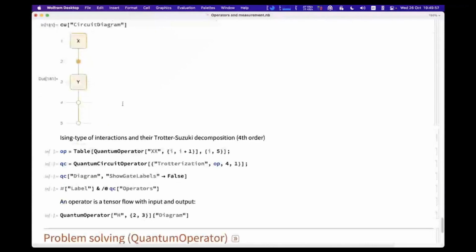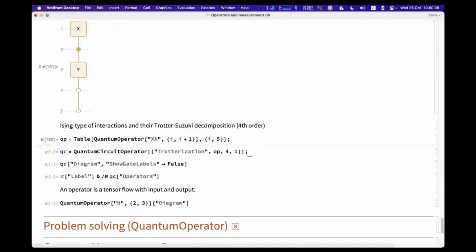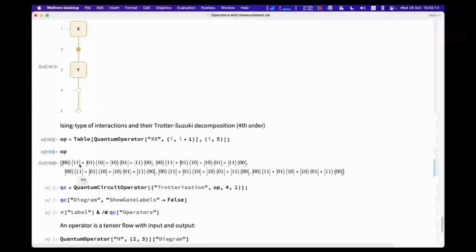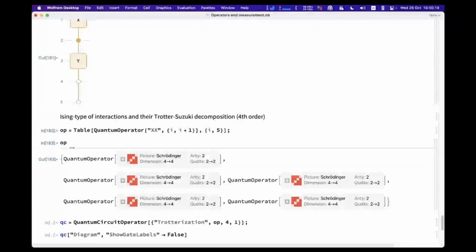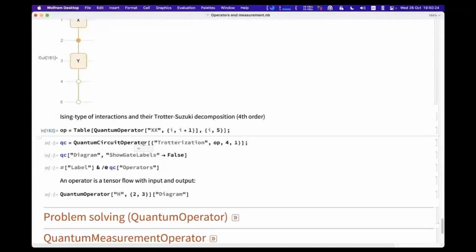Now, since we discussed Ising coupling, let us consider a chain of 5 qubits interacting through Ising interaction. The headache of dealing with time evolution is that in our framework, we can easily deal with any time evolution. It's easy for us, we can compute it exactly. But it doesn't mean there is a circuit out there representing the same thing.